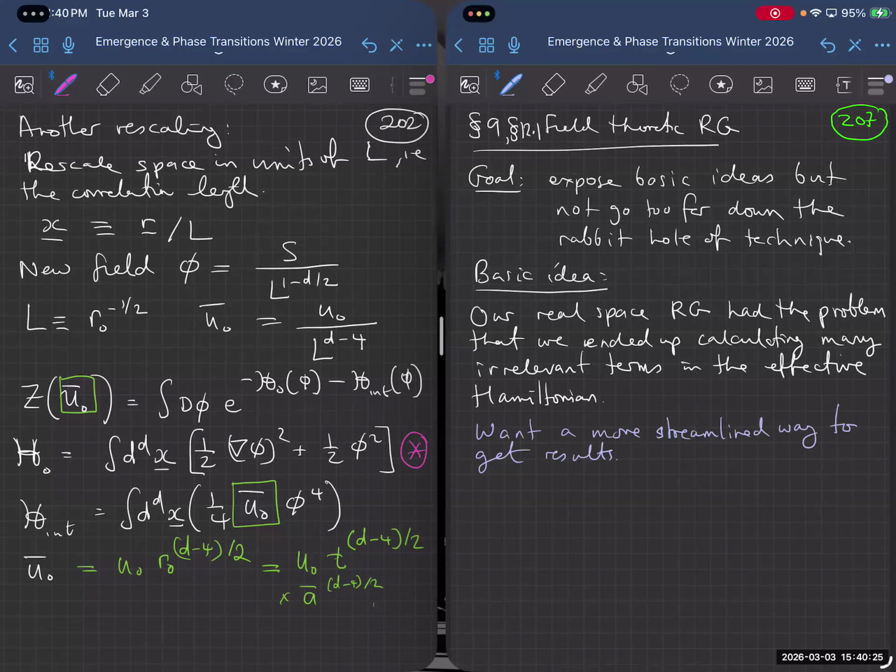So the basic idea is don't use real space. What we're going to do is use Fourier space, and we're going to eliminate short distance behavior.